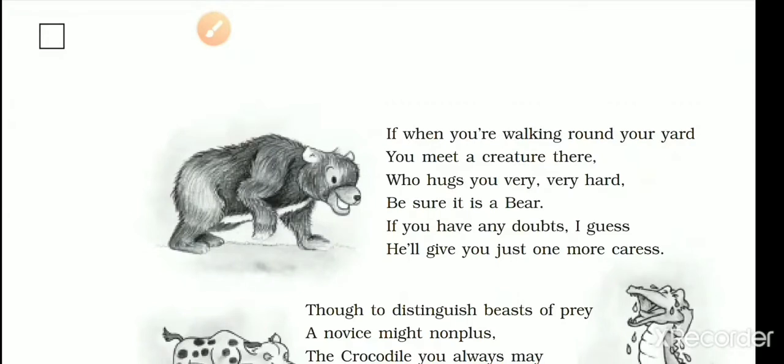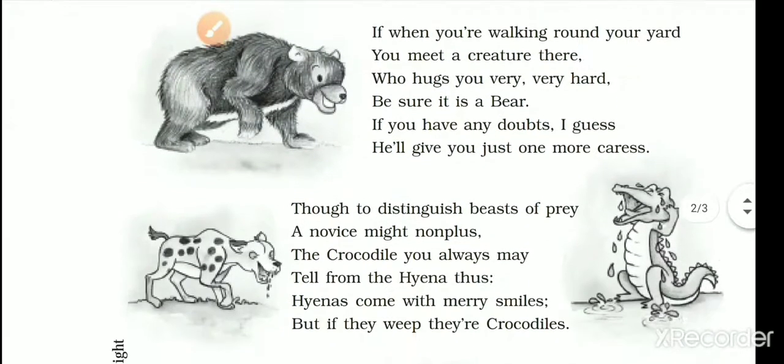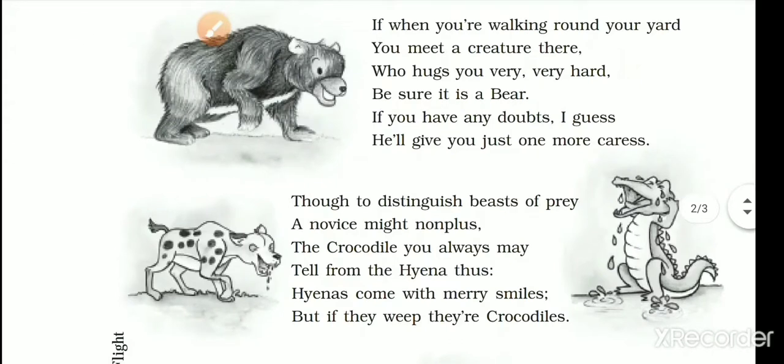If when you are walking round your yard, you meet a creature there who hugs you very, very hard, be sure it is a bear. If you have any doubts, I guess he will give you just one more caress.